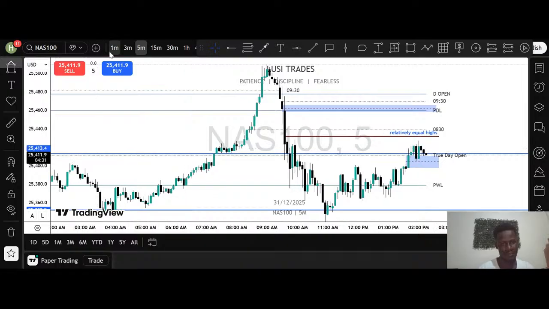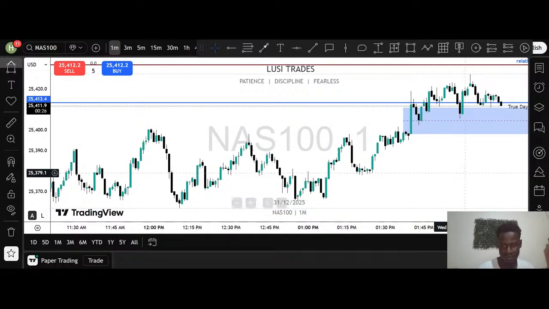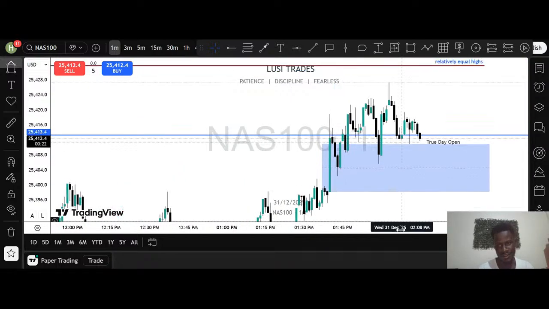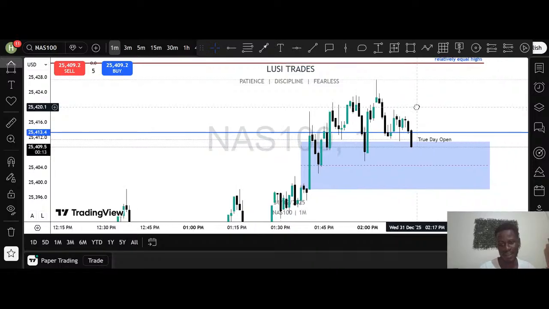We are remaining with 15 minutes, then we see what happens. But we can still watch what price is offering. Right now we have this low, this high, and then it's doing this.